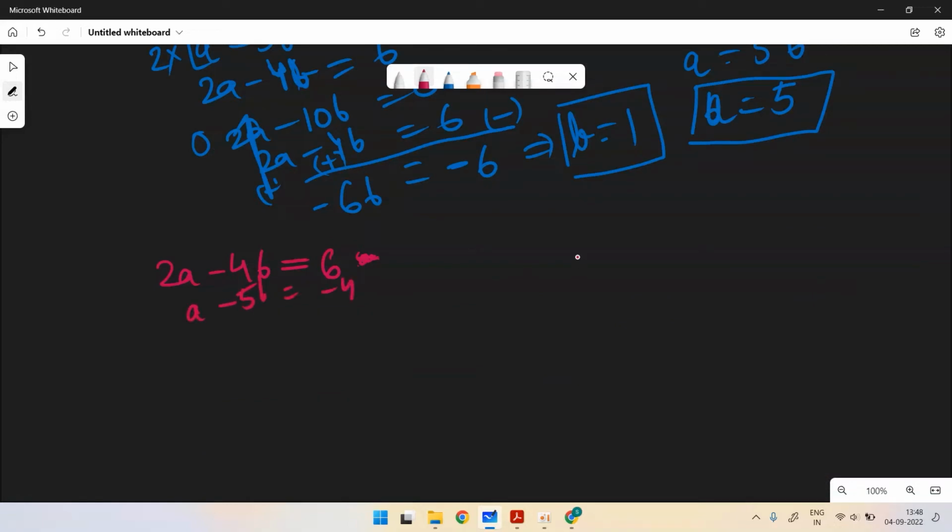If you divide the first directly by 2, you can even write a minus 2b equal to 3, and here a minus 5b equal to minus 4.